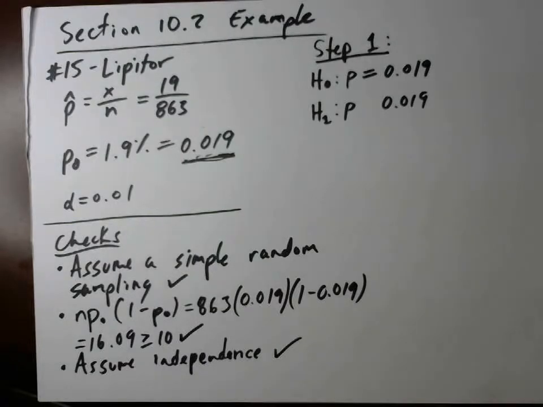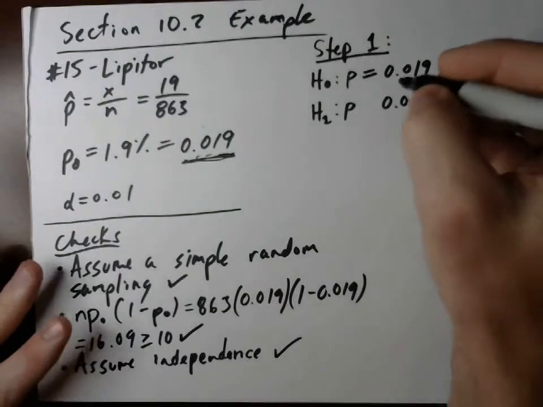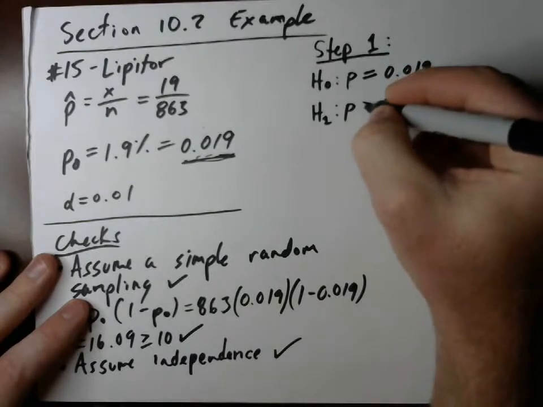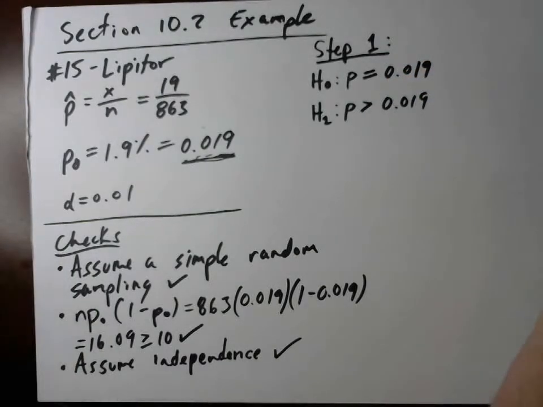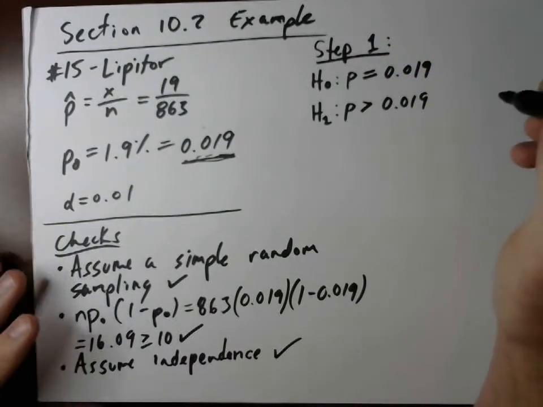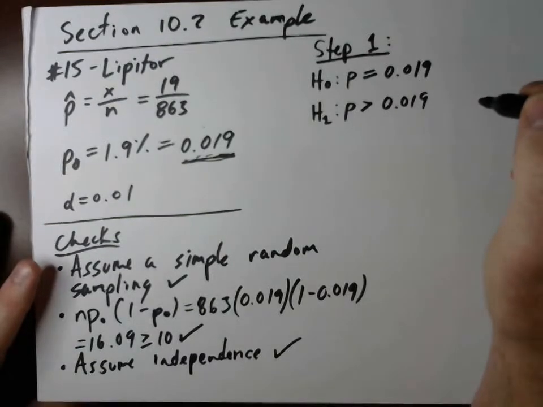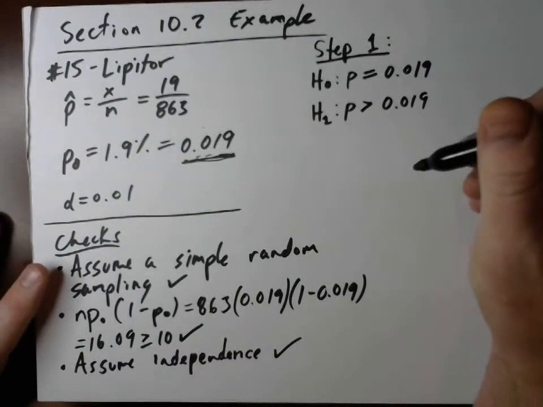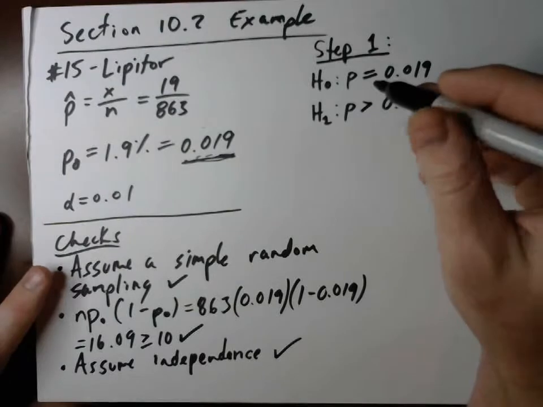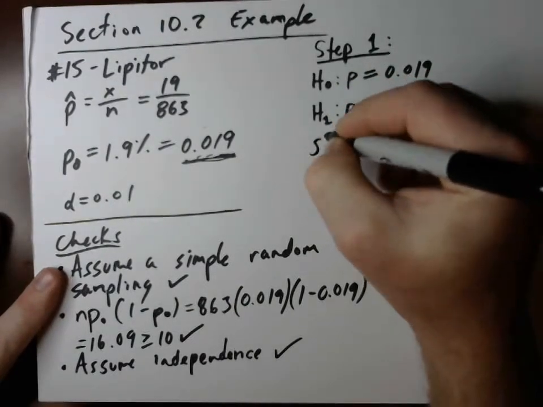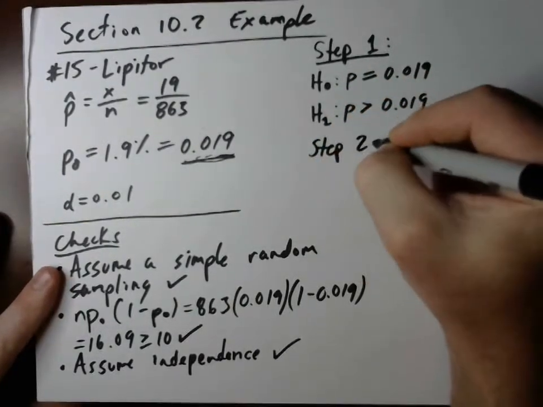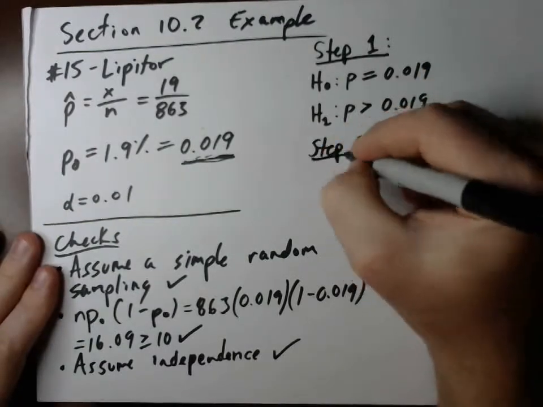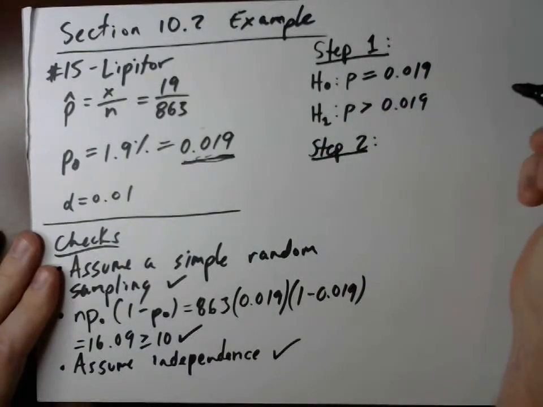So it mentions more. Since it mentions more, we put greater than. Okay, so that gives us our alternative inequality in our alternative hypothesis. So now step two, that was step one. Step two is our level of significance.